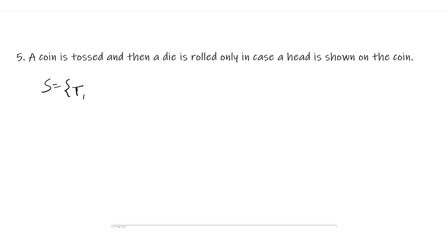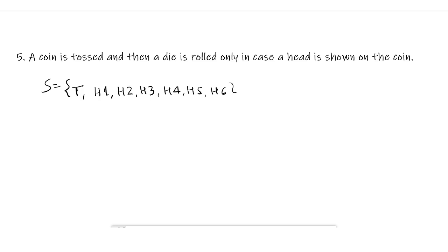So when head is there in the toss, we get either 1 in the die, or 2, or 3, or 4, or 5, or 6 in the die. So we write H1, H2, H3, H4, H5, and H6.